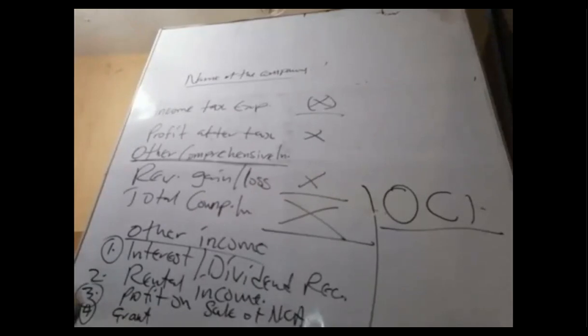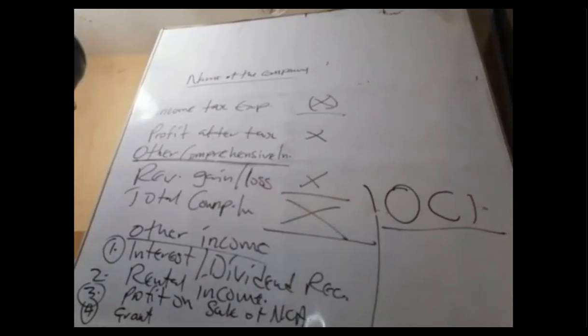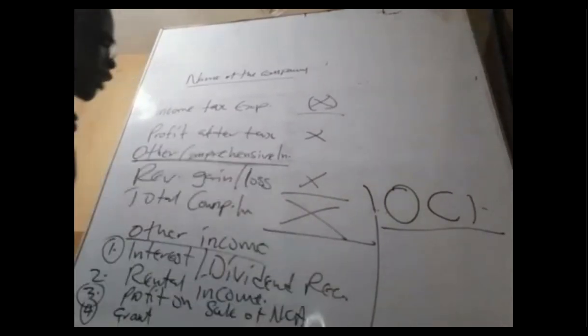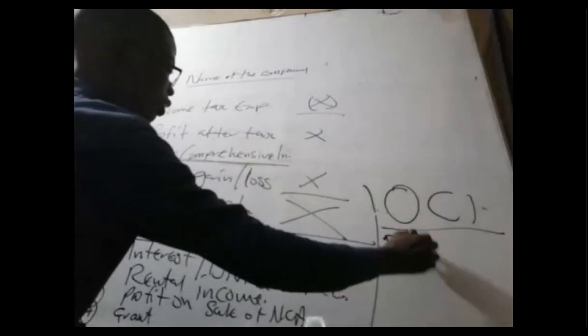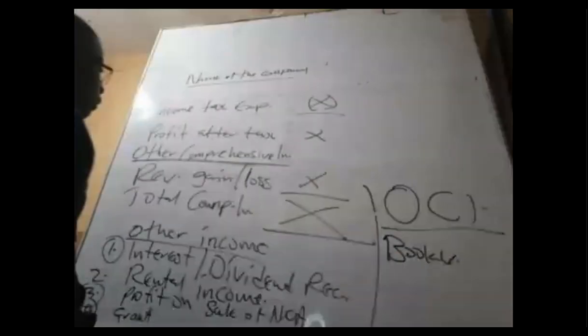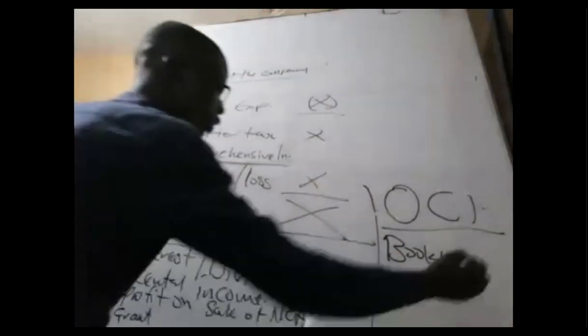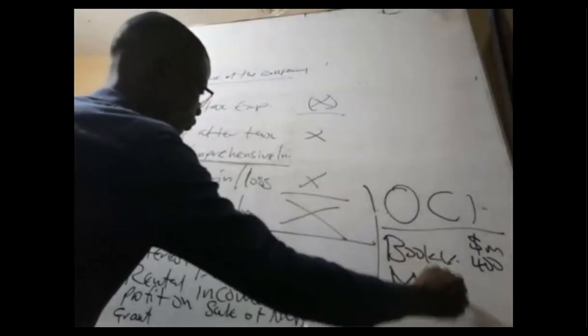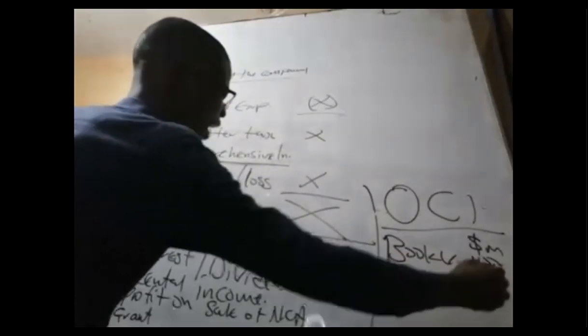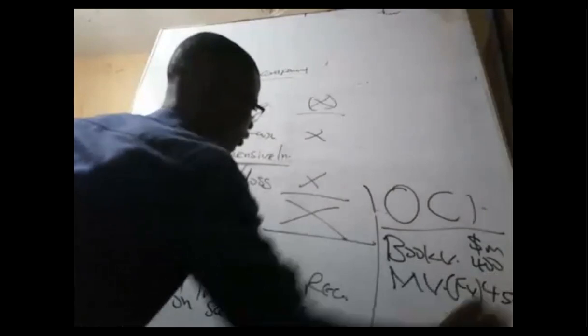For instance, one of your buildings, the book value of the building, let's assume, is $400 million. But the market value or the fair value happens to be 450.